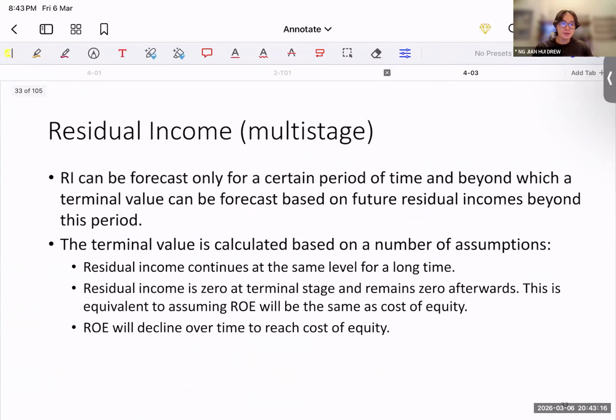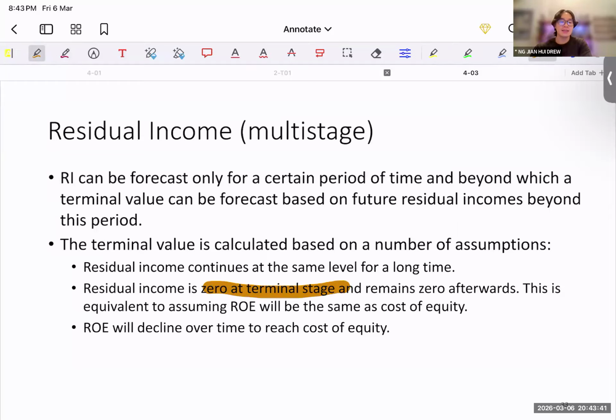So similarly, for our residual income, we're going to look at the same: no growth, stable growth, and maybe even a two-stage, right? So it's the same thing where the terminal value can either be not growing, so terminal value is 0.